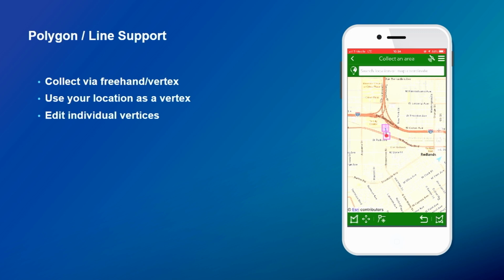We're going through a phase, we're currently in beta, and we want to get your feedback. Which tools are you going to want to use to collect? What interface do you think works best in terms of being able to, say, modify vertices? I encourage you to take a look at what we currently have, play with it, tell us what we're doing wrong, and we'll try to make it better.